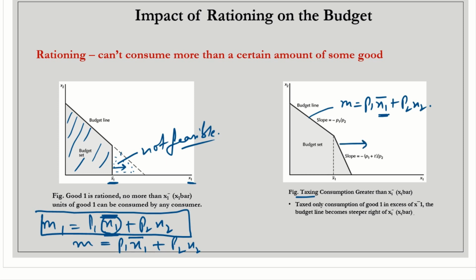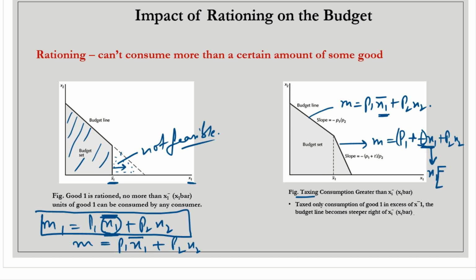So this line will have the equation m equals p1 plus t, times x1, plus p2 x2. The tax is going to be in proportion to x1. This is what it means to say that the more x1 you consume, the more you get taxed.